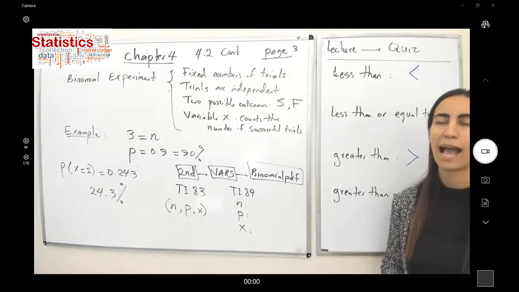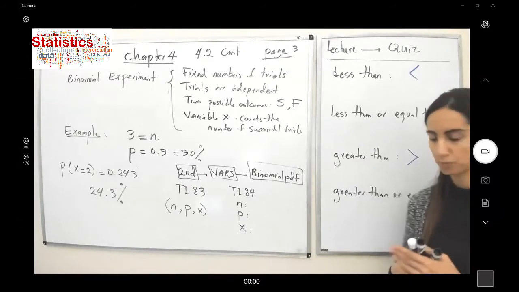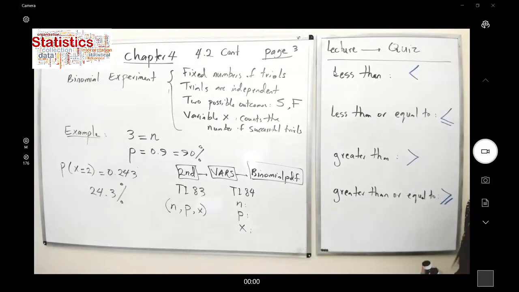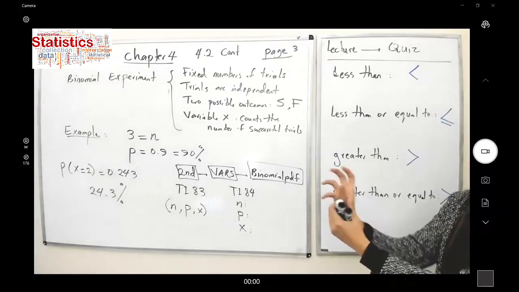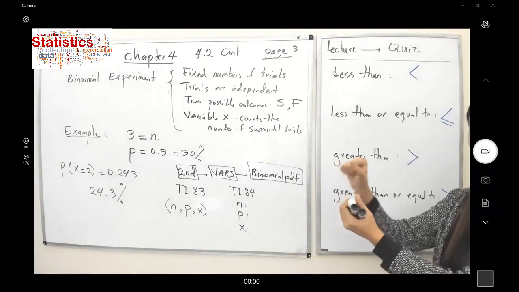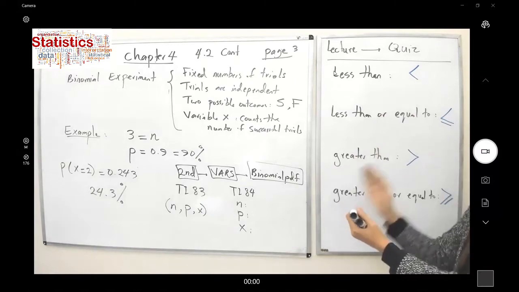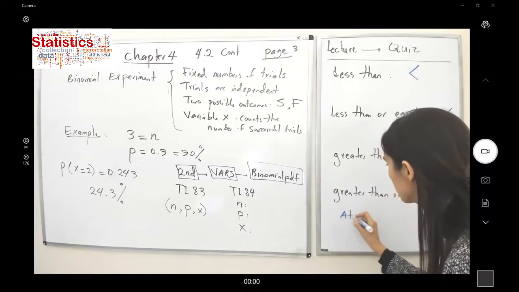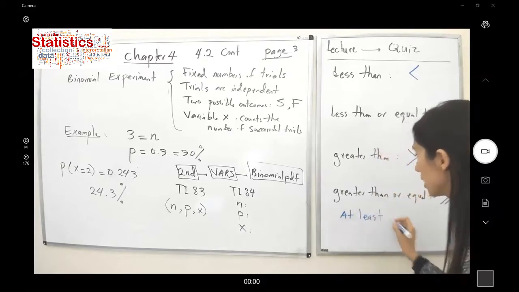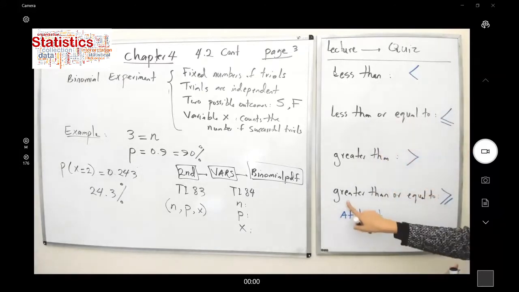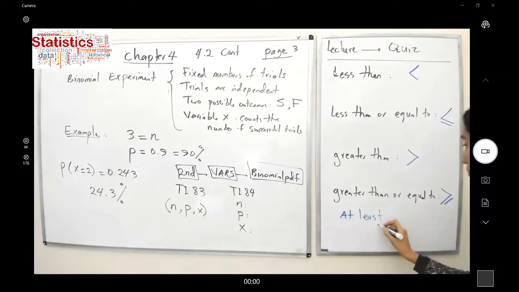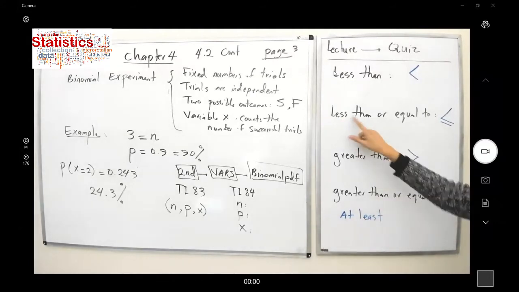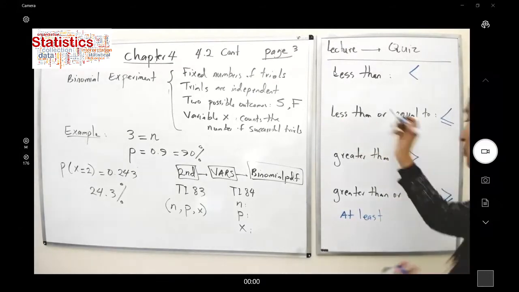What about at most? At least means that you start from a value, you include that, and you go up. So when you see at least in a question, the meaning of that is greater than or equal to. So these two have the same meaning. At most means less than or equal to.